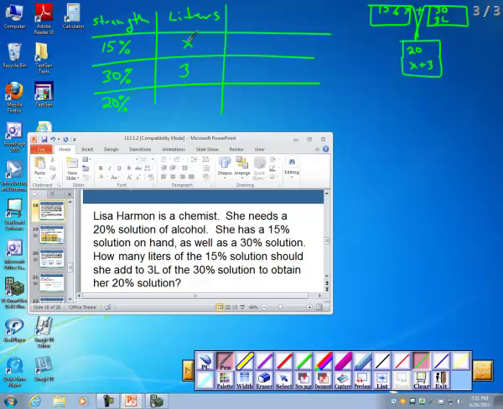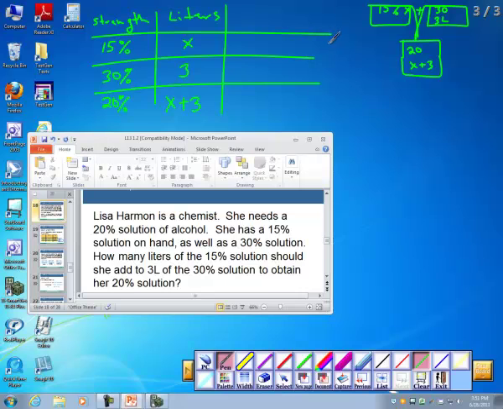Let's say this was 2 liters and this was 3 liters. That would make 5 when we pour the two together. But we don't know what x is, and the other one is 3 liters, so we're adding the two to get x plus 3.